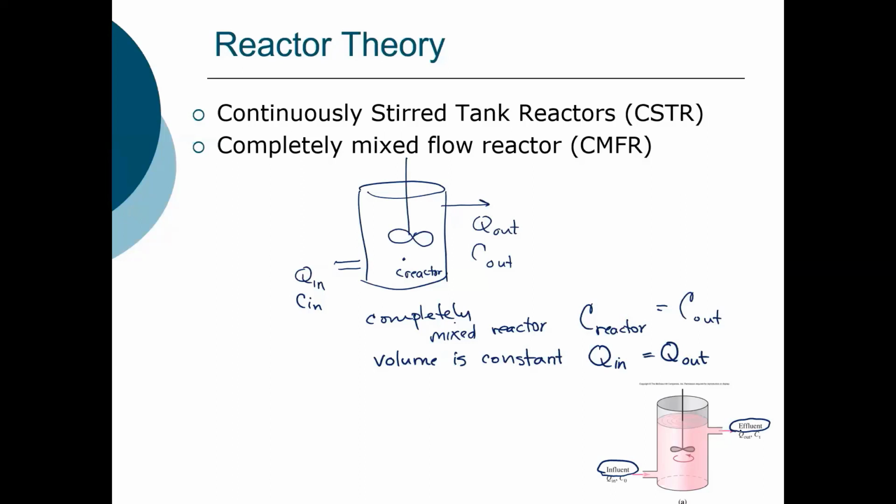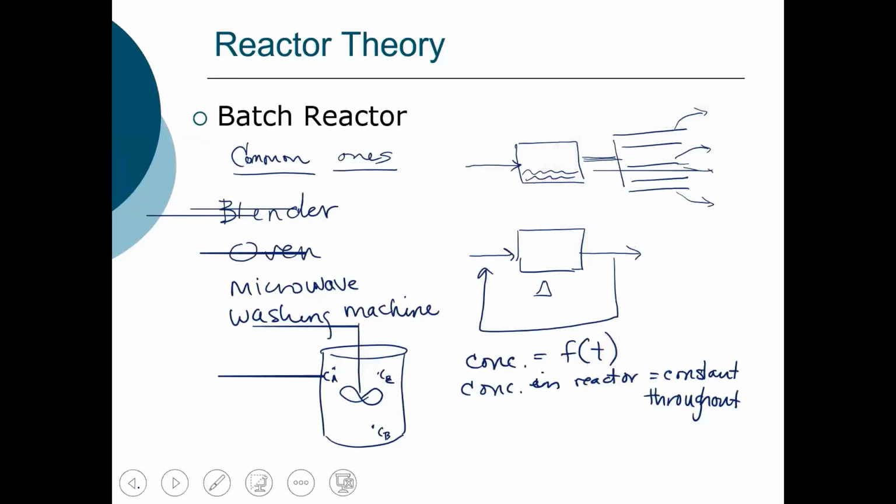flow leaving the reactor. So if we go back to the septic system, this would be our influent here. We actually have two effluents. We could say that the effluent from the septic tank here is the influent into the drain field.